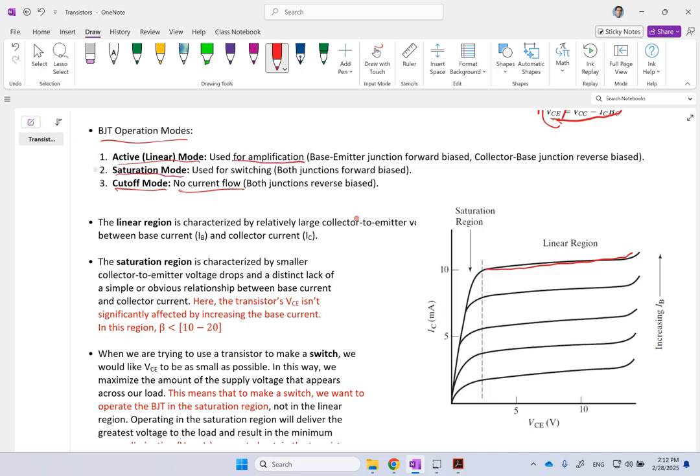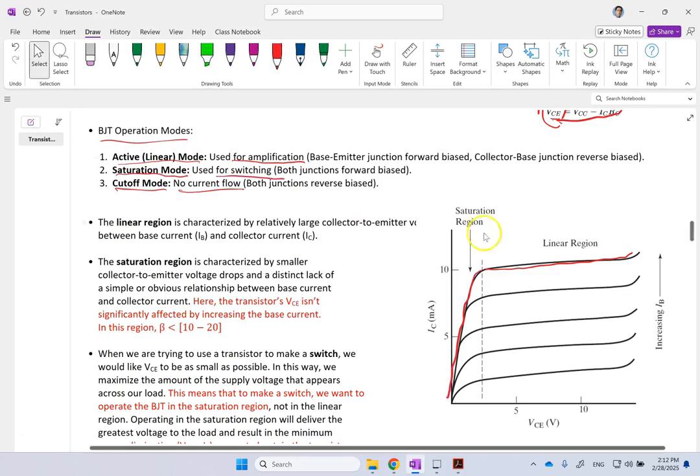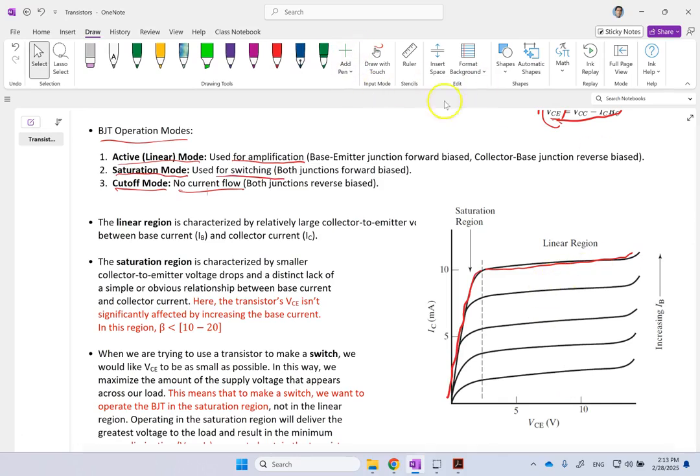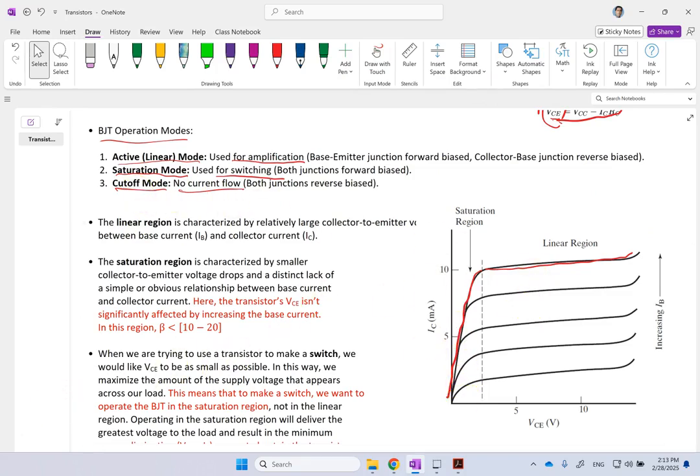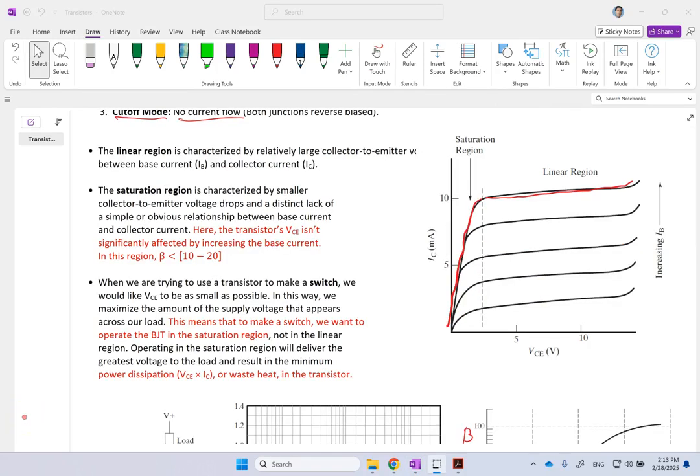And there is a saturation mode, which is this area here, and that is where you use it for switching, basically. So there is linear mode for amplification, saturation for switching, and cutoff where it is basically off, okay? It's not doing anything.